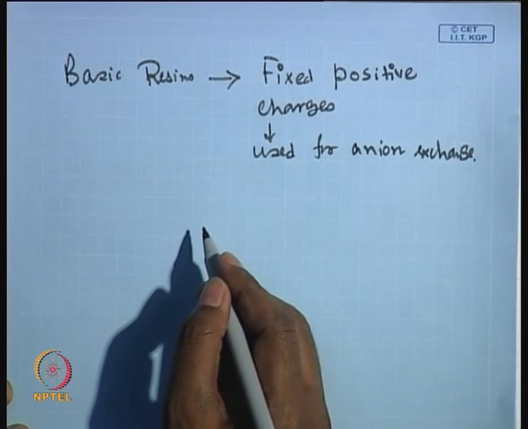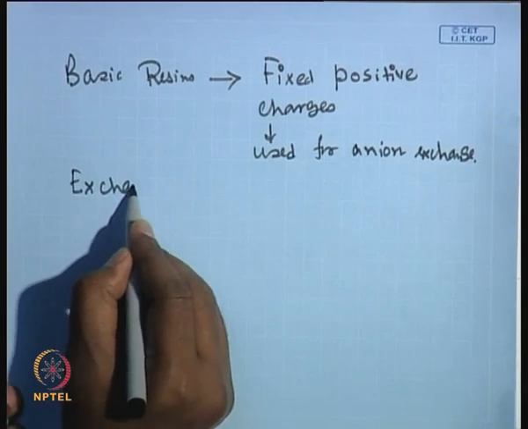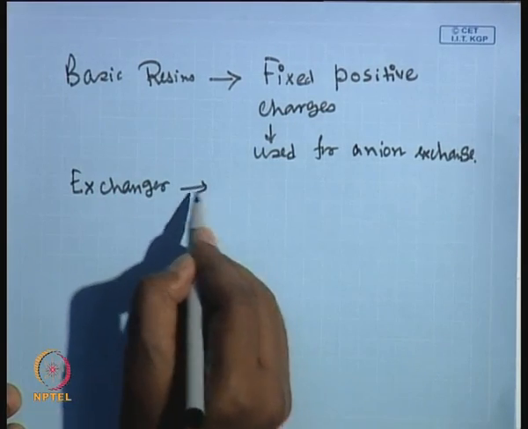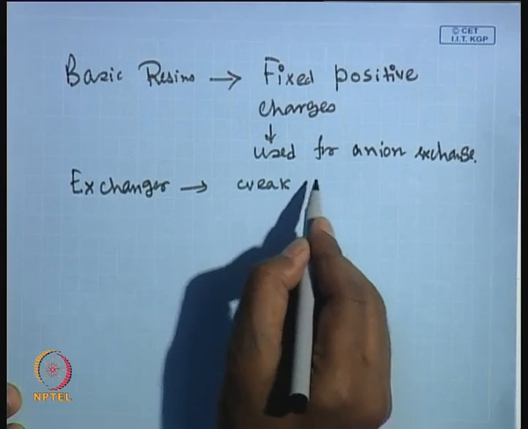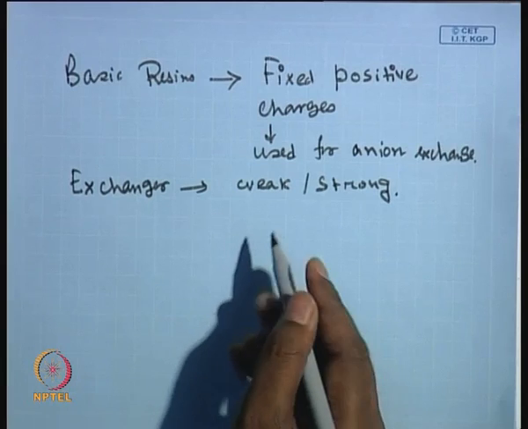Now, these exchangers can also be weak or strong.